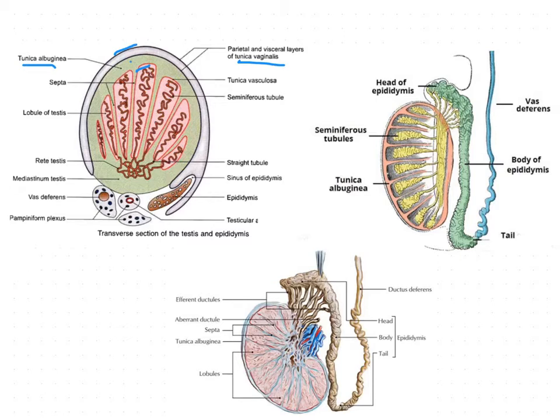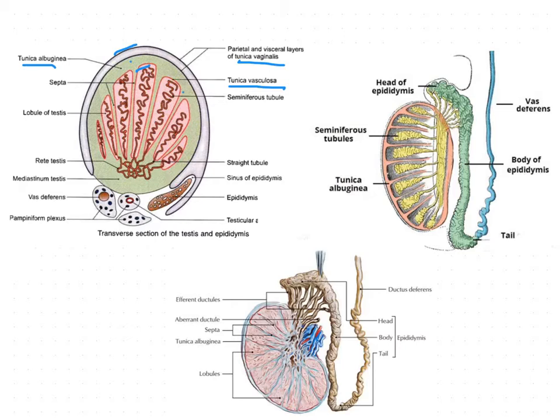Here you can find the tunica albuginea, and the innermost layer is the tunica vasculosa. So these are the 3 layers.